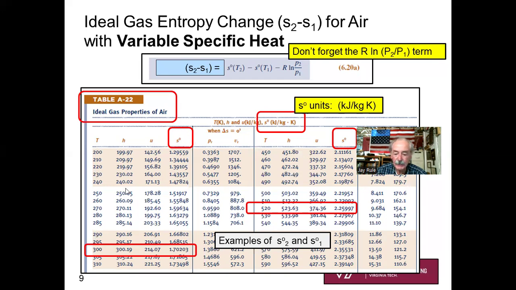Let's say, for example, T1 was 300 degrees K, and T2 was 520 degrees K. Here are our lookup numbers.